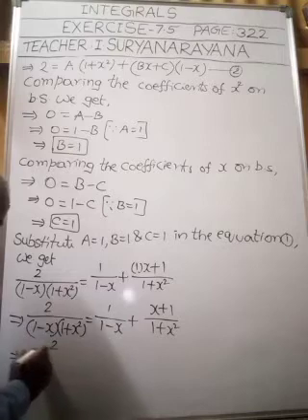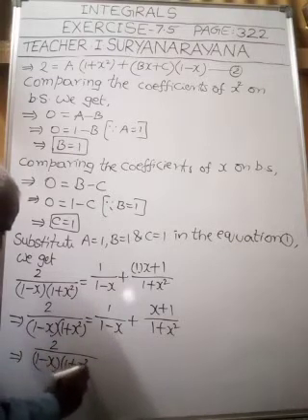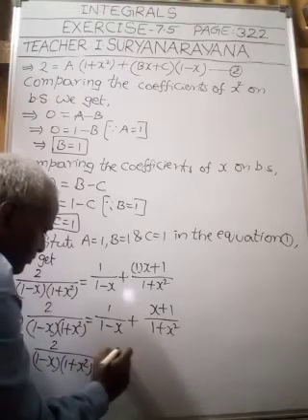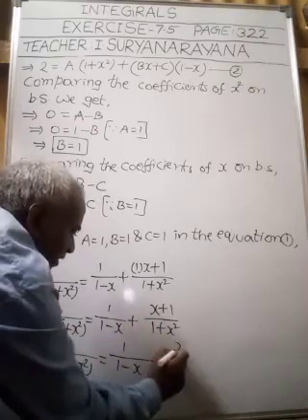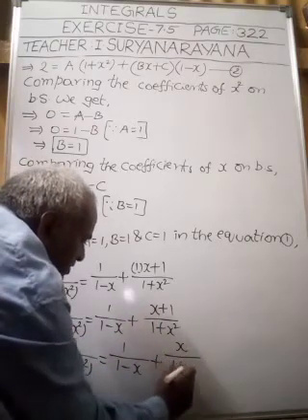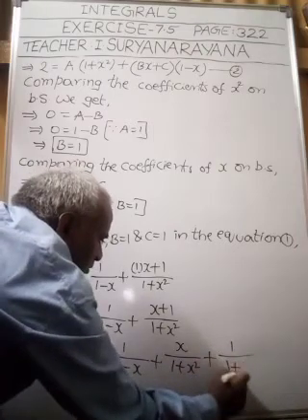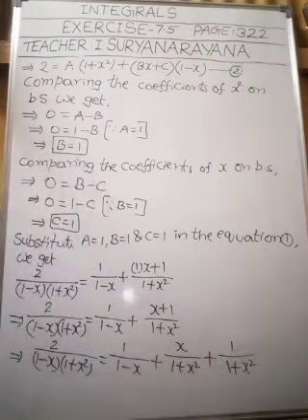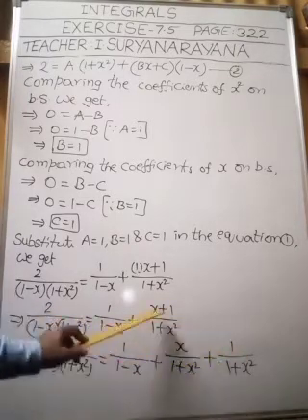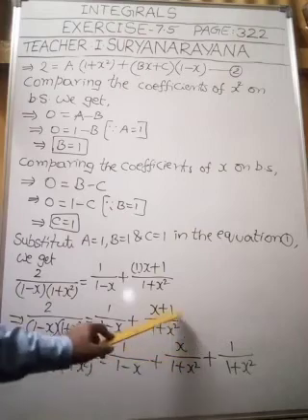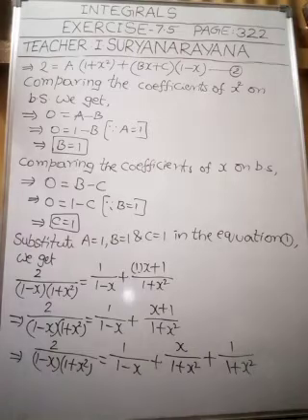So 2 by (1 minus x)(1 plus x square) is equal to 1 by 1 minus x plus x by 1 plus x square plus 1 by 1 plus x square. I split this fraction into two fractions. Then we got three terms. Okay, my children, understood this one?